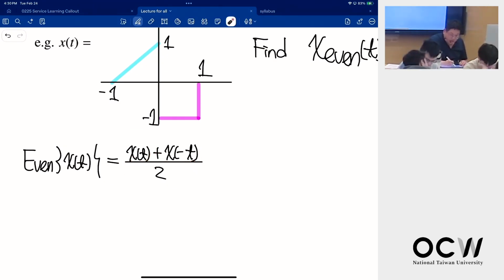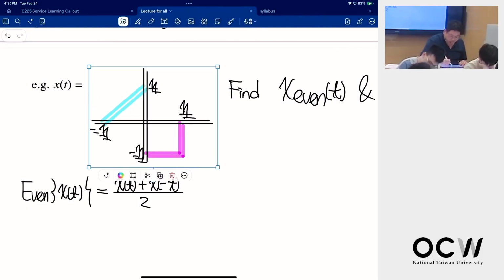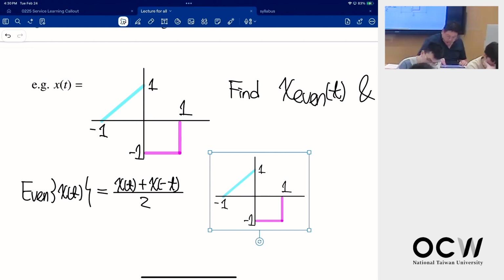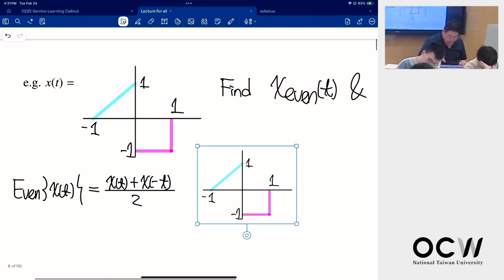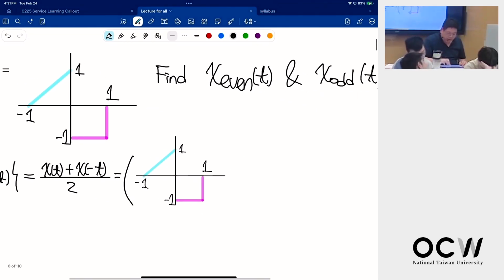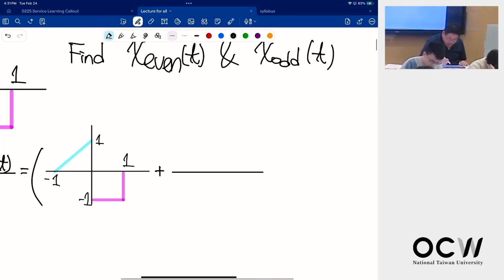So the original signal, this is equal to x of t plus, doing the reverse, they don't have that function, so we need to plot our reverse signal.